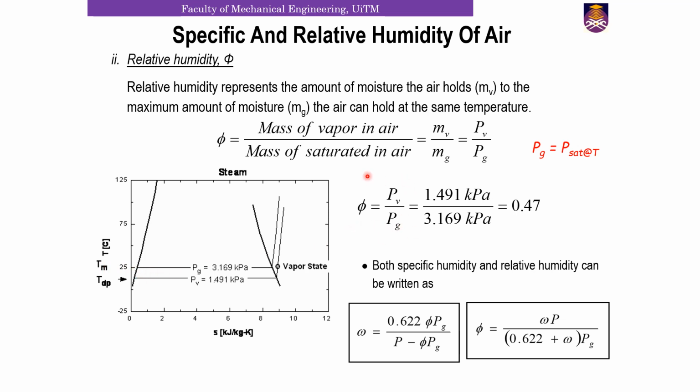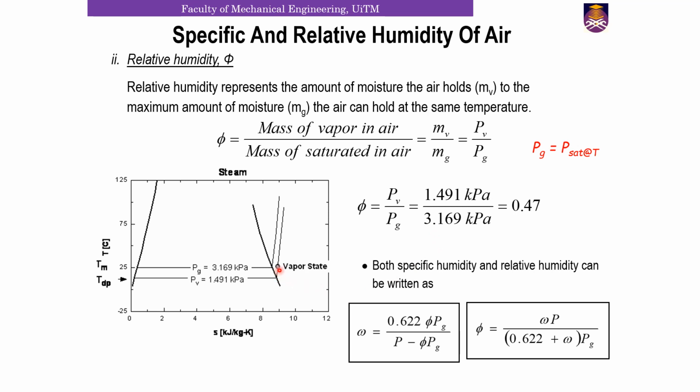If you find the ratio of this, it will give you a relative humidity value of 0.47. We can then convert this into percentage, which gives 47% relative humidity. Most values of relative humidity are given in terms of percentage, or in terms of unity. The relative humidity ranges from 0 to 1, and in terms of percentage, it goes from 0 to 100%.